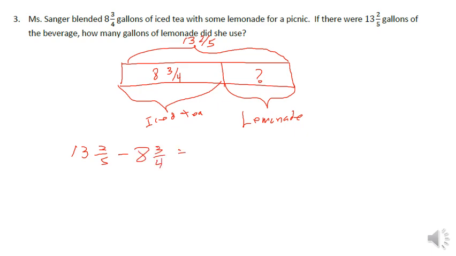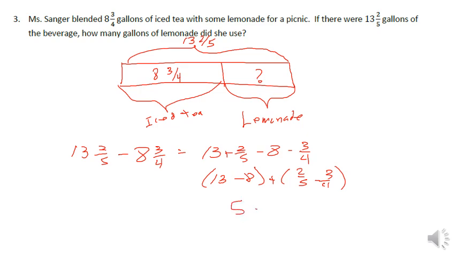So in order to solve that, we have 13 2/5 minus 8 3/4, which when we rewrite this becomes 13 plus 2/5 minus 8 minus 3/4. Now when we change around, we get 13 minus 8 plus 2/5 minus 3/4, which is going to give us 5 plus, and we're going to do our conversions. 5 times 4 is 20. 2 times 4 is 8. 5 times 3 is 15.